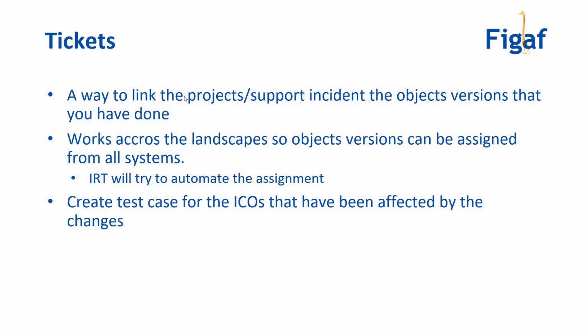So you can create a change in your development system, and it will automatically be linked to the same change in the QA system and production system, if the IRT system is able to determine that. And then you can create test cases for these things and see what was really done, because we have this link that we know this message mapping was used in these 5 different interfaces.